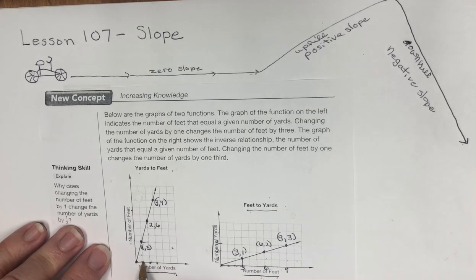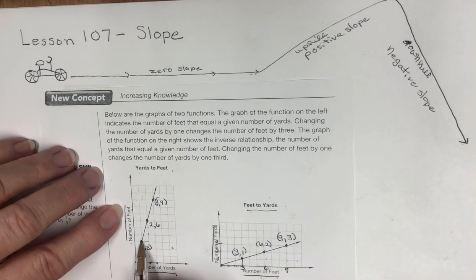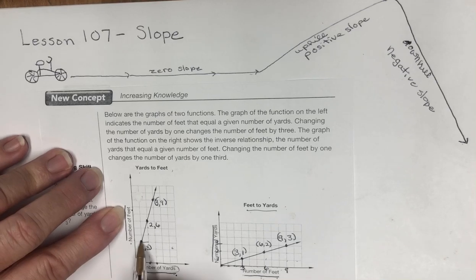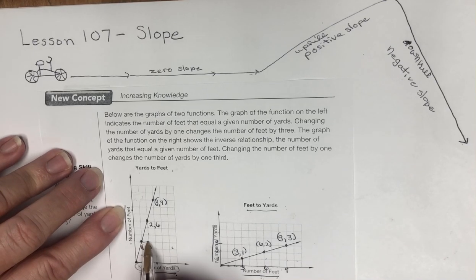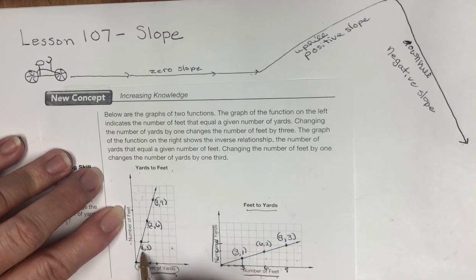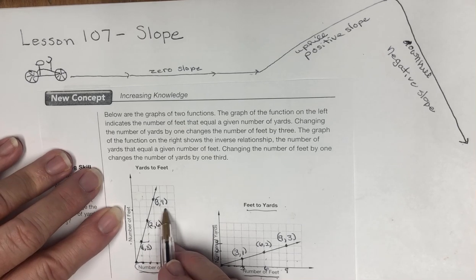For 1 yard, there's 1, 2, 3 feet. It's real important to look at the names of these graph parts. This is yards, this is feet. Then if I go to a second yard, 1, 2, 3 feet. Notice I can write coordinate pairs: 1, 3; 2, 6; 3, 9.